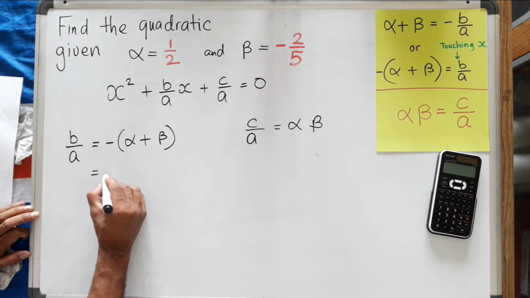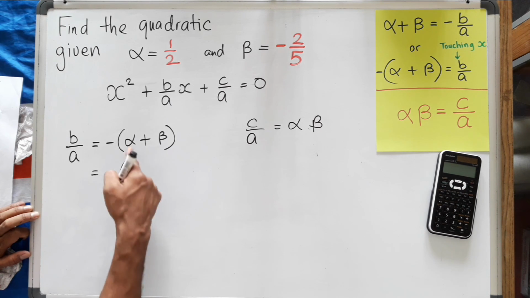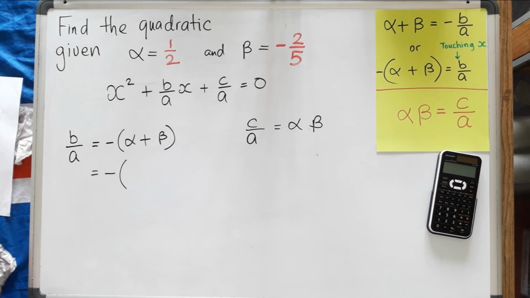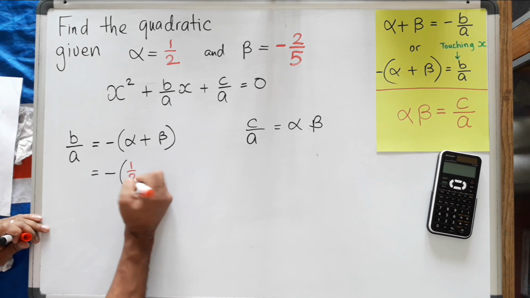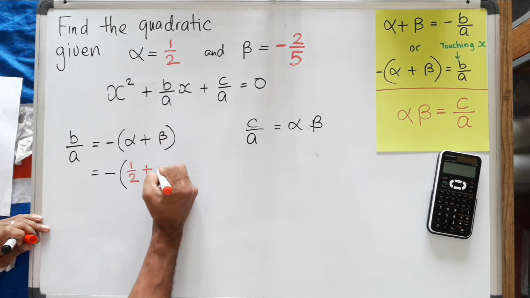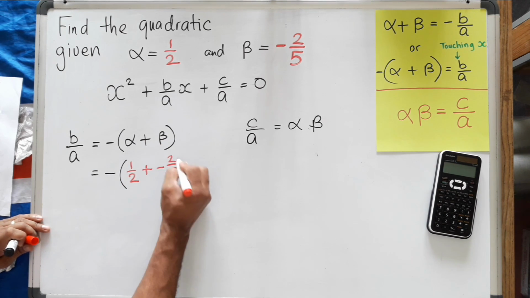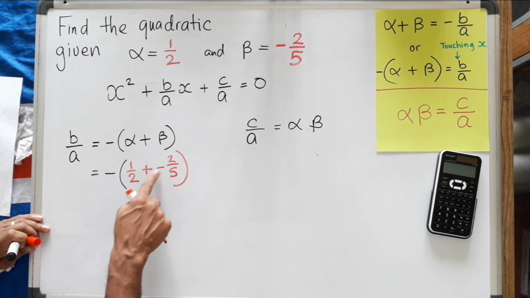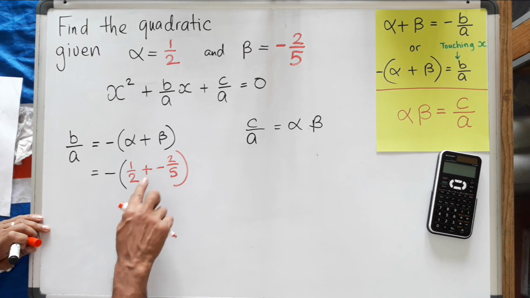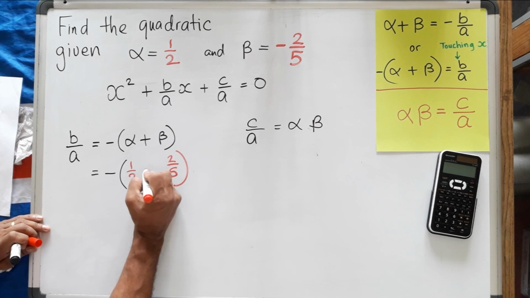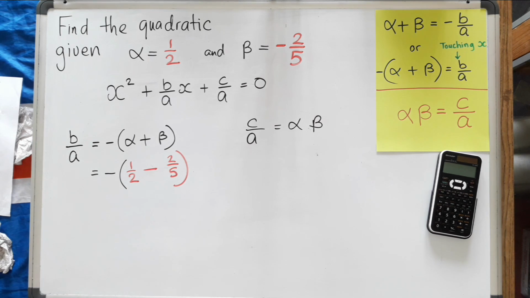So, let's substitute in here. Minus, how much is alpha? Alpha seems to be a half plus beta is minus 2/5. A negative and a positive came together, they touch, so they ultimately give you a negative. So what I'm going to do, I'm going to work out this, and whatever I get, I'm going to apply a negative sign to it.